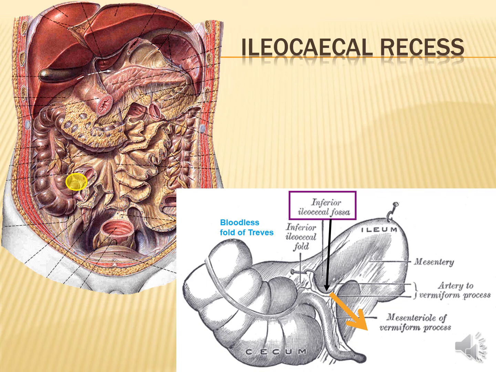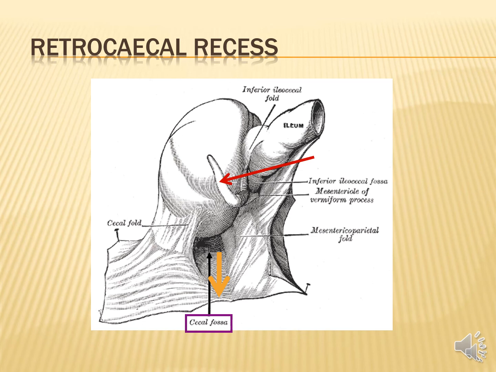This inferior ileocecal fold is the bloodless fold of Treves, and the orifice of this recess also looks downwards and to the left. And the third type of recess behind the cecum, which may occasionally contain appendix, is the retrocecal recess. Its orifice looks downwards.